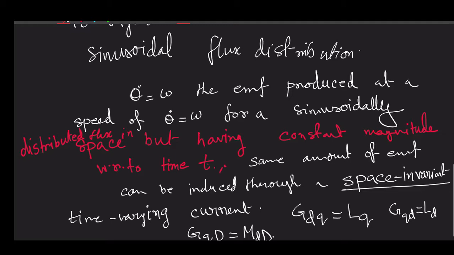In a salient pole machine, if you make a complete space traversal of 360 degrees on the inner periphery of your machine, each space position will be associated with a different value of reluctance.